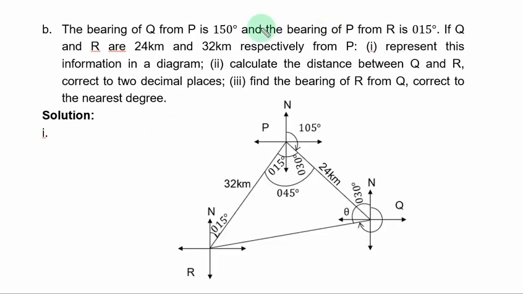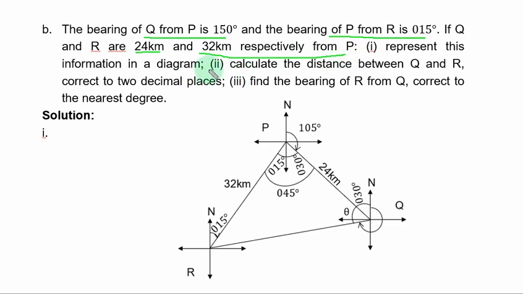Question 12b. The bearing of Q from P is 150 degrees and the bearing of P from R is 015 degrees. If Q and R are 24 kilometers and 32 kilometers respectively from P, Roman figure 1, represent this information in a diagram.